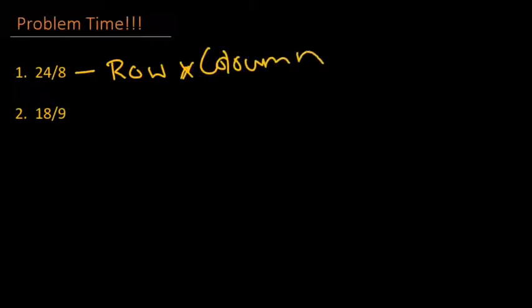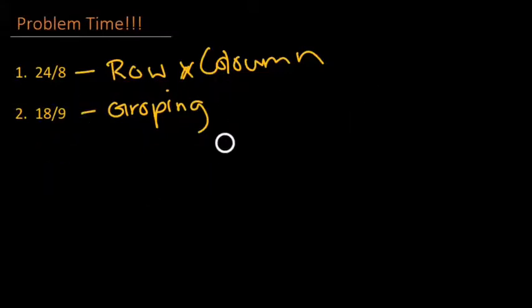So for this one, do the row times column method. For that one, do the row times column method. And for this one, do the grouping method. I wrote these out, so pause the video, try these out, and comment down below the answers you got.